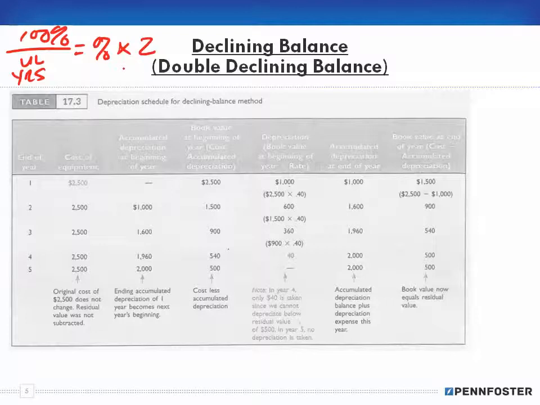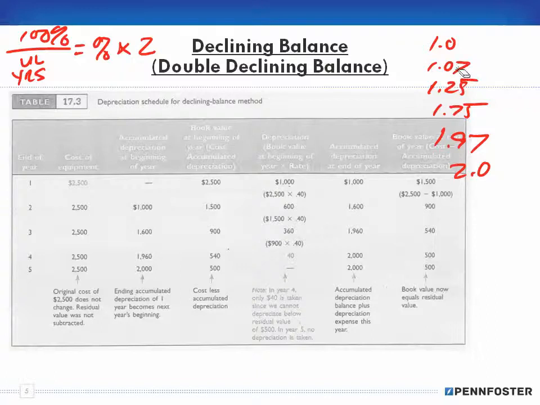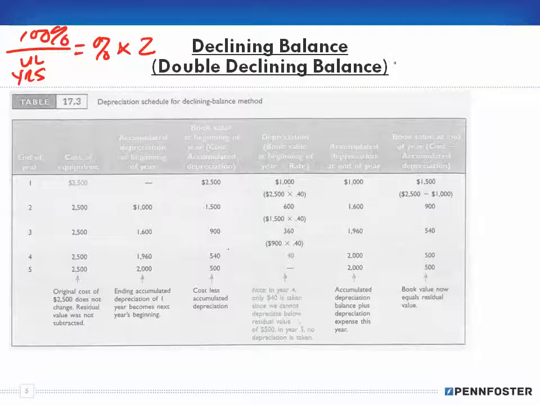You can choose anything else you want, such as 1.0, 1.25, 1.75, but the most is going to be 2. Obviously you're not going to choose 1.07 or 1.97, but what you're talking about is an acceleration of the depreciation in the beginning years.